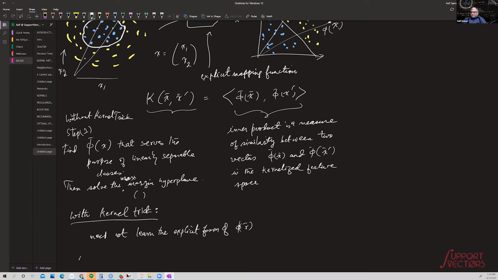You can instead solve the problem by, in some sense, short circuiting. You can find the inner product of phi x and phi x prime without actually knowing phi. Isn't that remarkable? And so if you can state your decision boundary in terms of just the dot products, you have a winner.